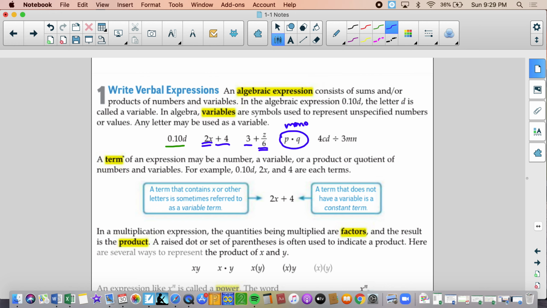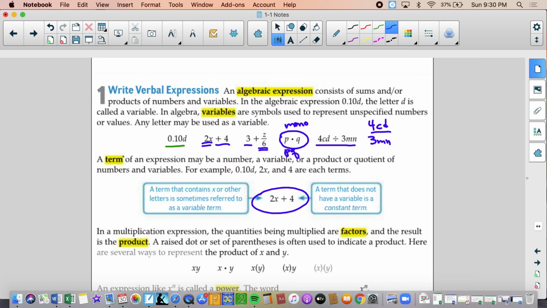This is only one term because this can be written as PQ and there's no addition subtraction between them. This is also a monomial. That is one term because it can be written like this and there's no addition and subtraction. So whenever we see addition and subtraction, that separates terms. So this would be considered a binomial, two terms. Very good. So that's always good.